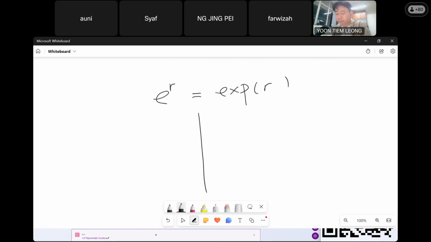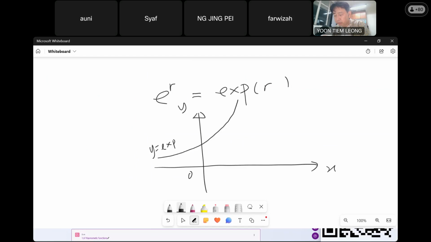Namely, if you have this graph, which is say x and y, and you have the exponential function, given by y equals exponential of x, then for any value of r that you can think of, where r is a rational number defined on the x-axis, the value of e^r, that is the e number raised to the power of a rational r, can be just read off from the graph. The graph of the exponential has an exact number lying on this curve.